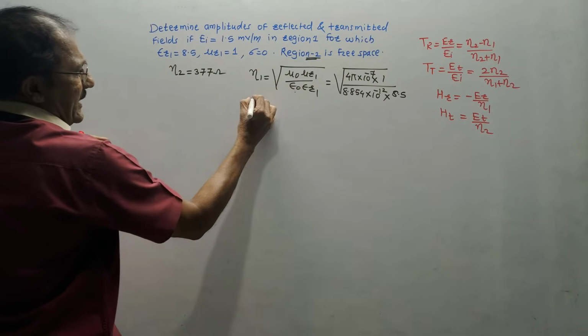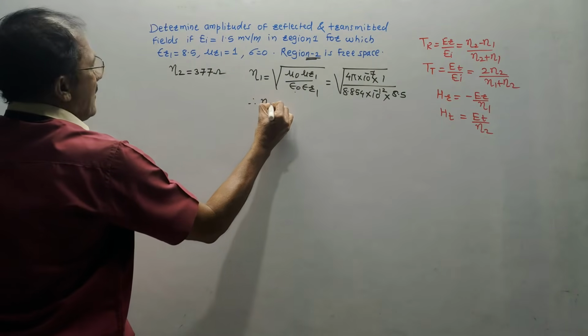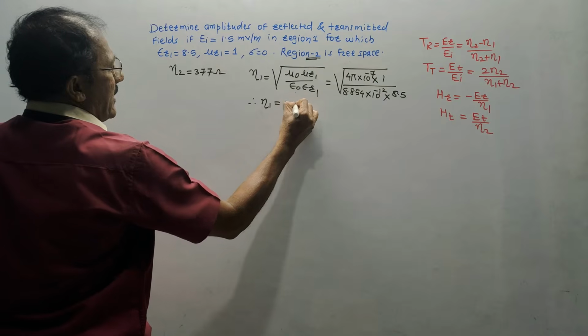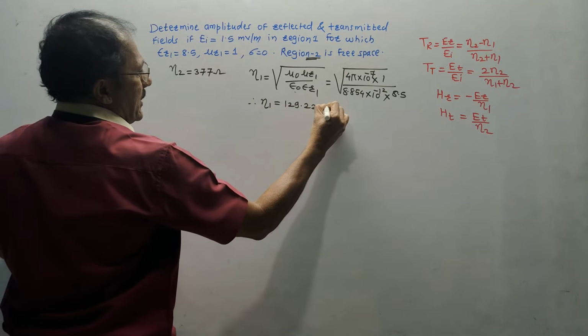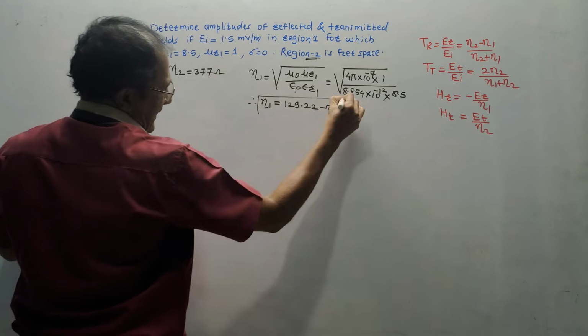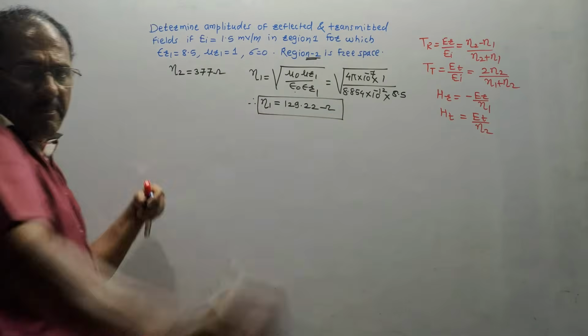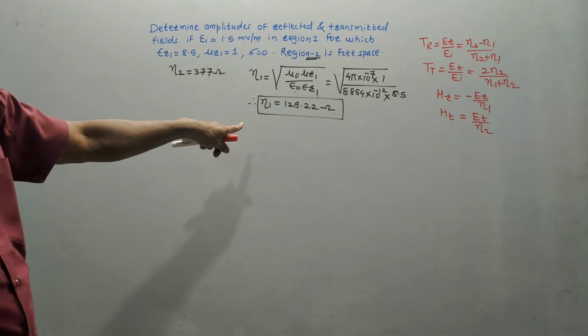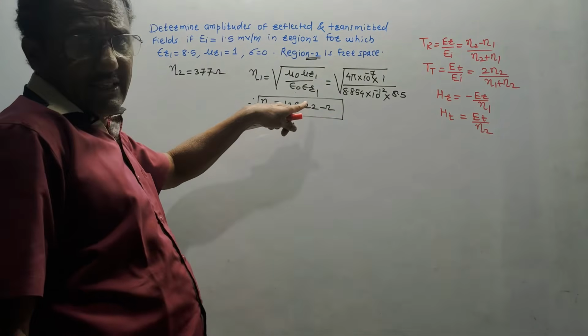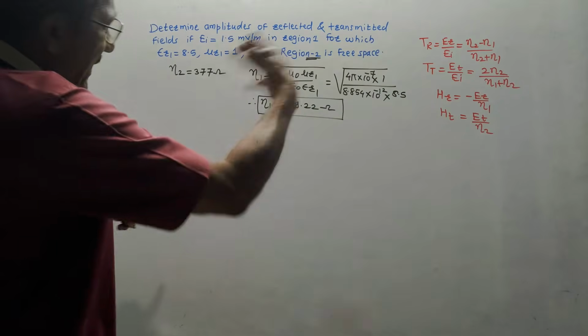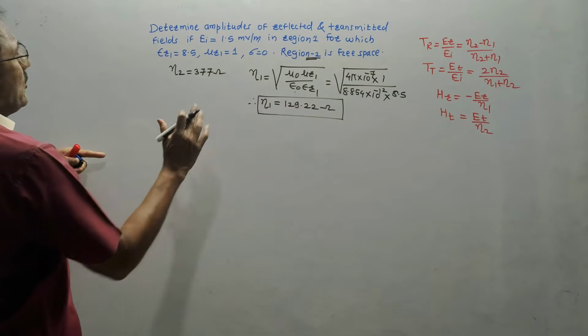If you solve this on the calculator, value of eta 1 will be 129.22. Its unit is ohm because it is intrinsic impedance. This is the only difference between the first numerical and this numerical. Remaining part is very much similar to the earlier numerical.